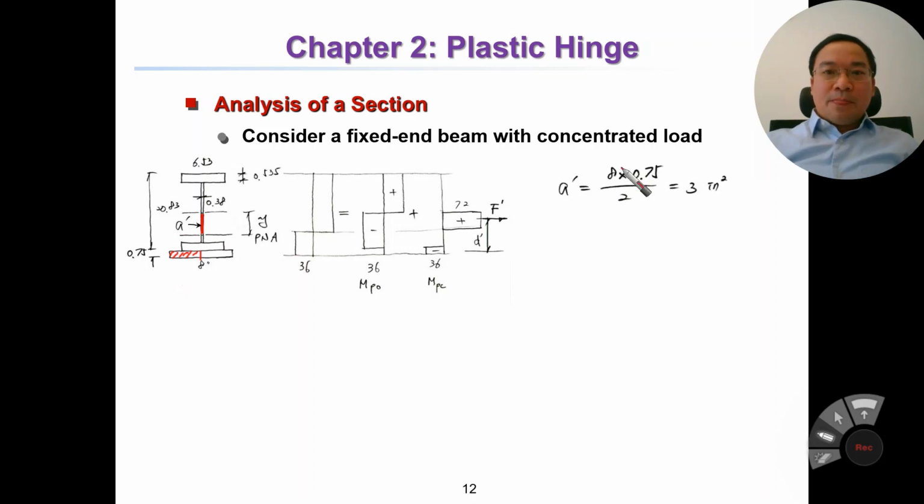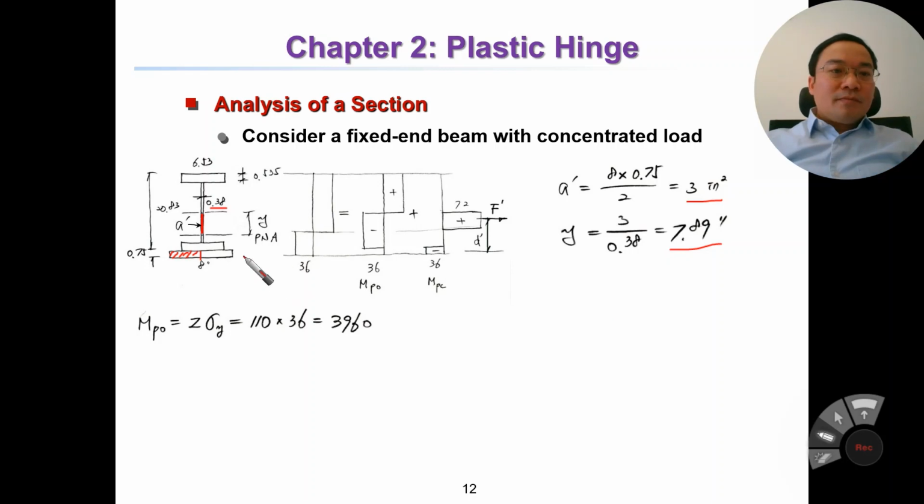So we can calculate A prime equal to 8 multiplied by 0.75 divided by 2, equal to 3 square inches. So from here we have y equal to this area divided by the thickness of the web. So now we have y equal to 7.89 inches.